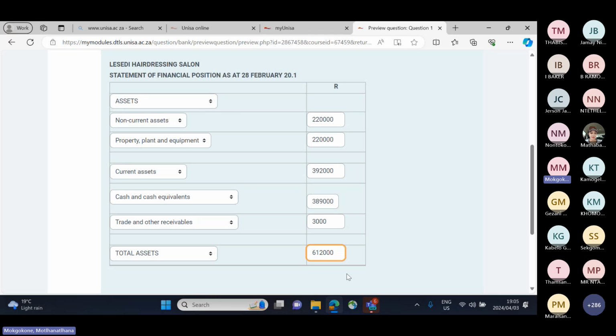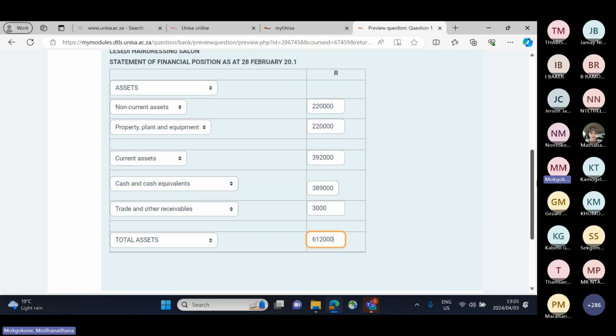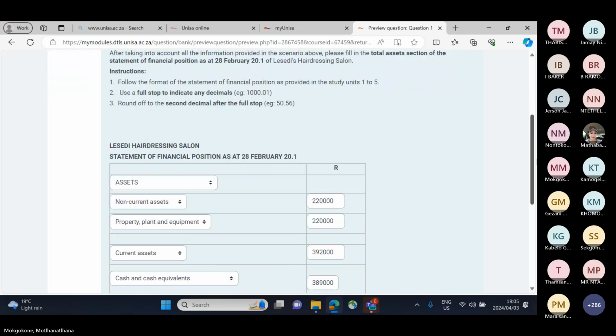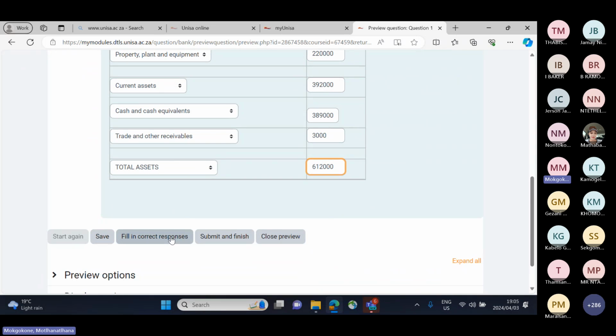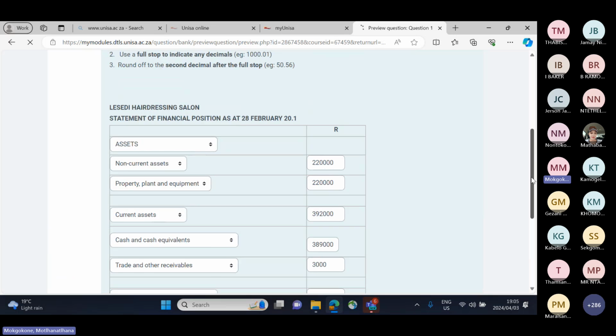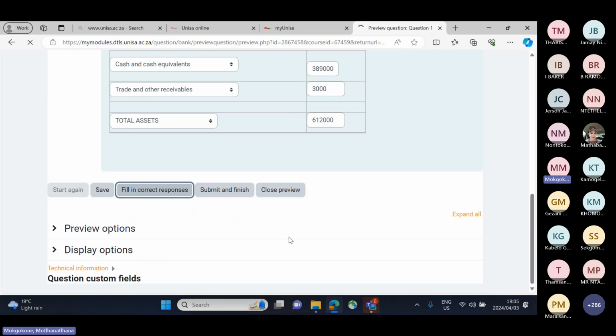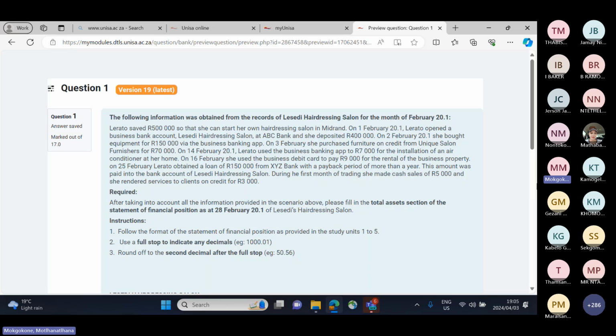Yes, 612,000, that is correct. This is our solution for this question. It was 17 marks. I'm not sure whether it was 17 marks or 18 marks in our assessment.